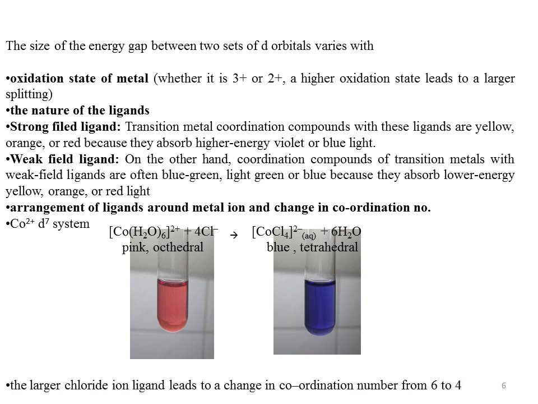It is because the large chloride ion ligands lead to a change in coordination number from 6 to 4. The 4 chloride ions are enough to occupy the space around the central metal atom, while the size of a water molecule is small, so 6 water molecules can be arranged around the central metal ion.